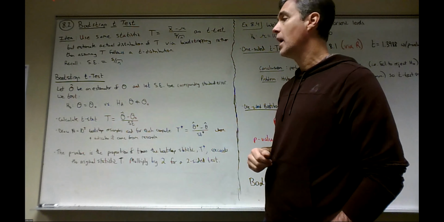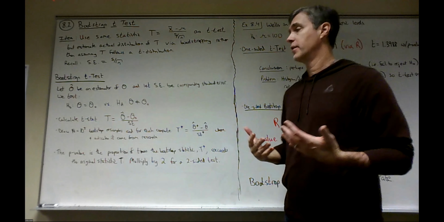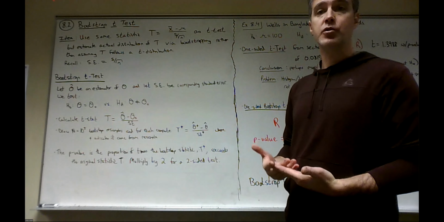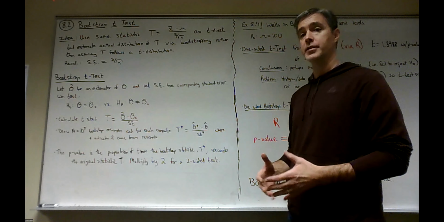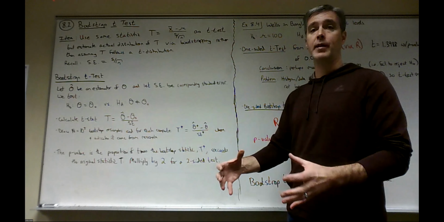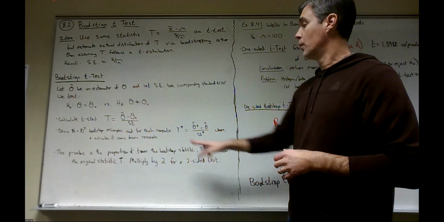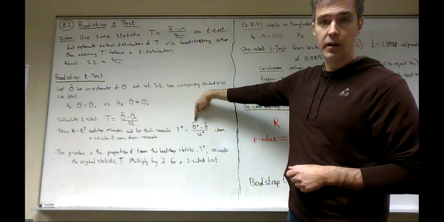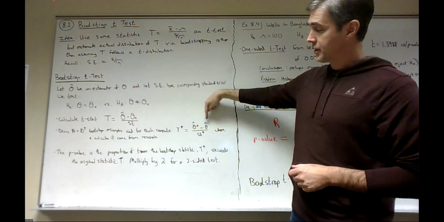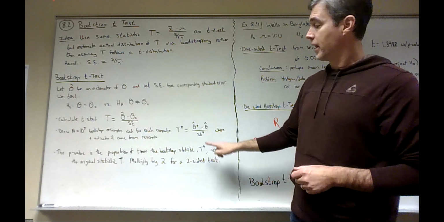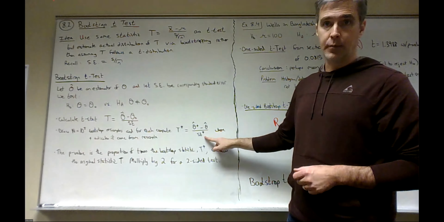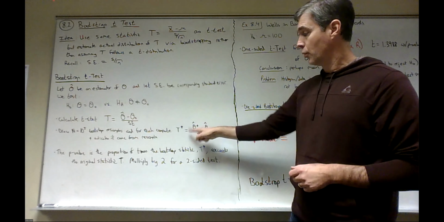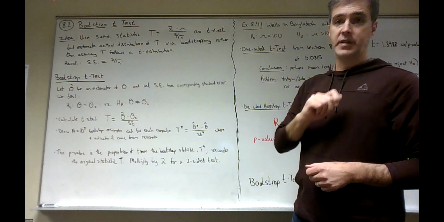Okay. Then we're going to do 10 to the 4th or 10 to the 5th bootstrap resamples. So with replacement, so we look at our data, we resample that many people with replacement. We compute our new test statistic. So the sample mean of our resample minus our original sample mean divided by the standard error of our resample. Okay, we'll record that and we'll do it 10 to the 5th times.